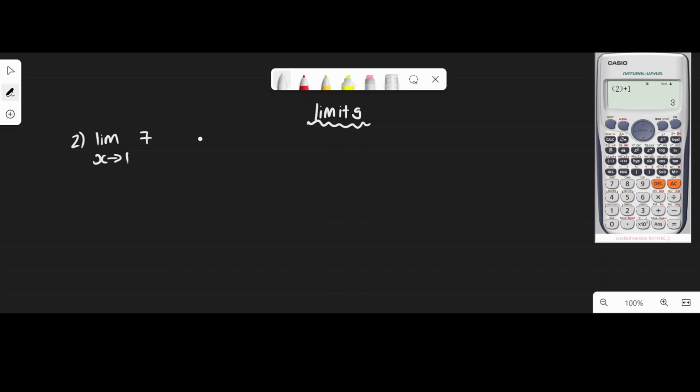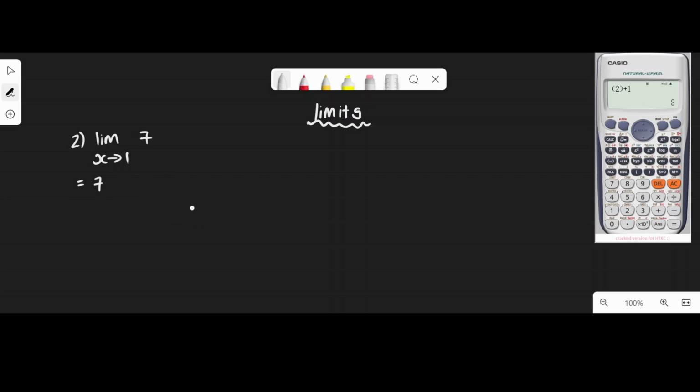So now let's look at example number 2. They say the limit when x approaches 1 of a constant or a number. In this case, it's 7. What happens? This is a case of always. If they give you a limit of a number, the limit is equal to that number. So this limit is going to be equal to 7.